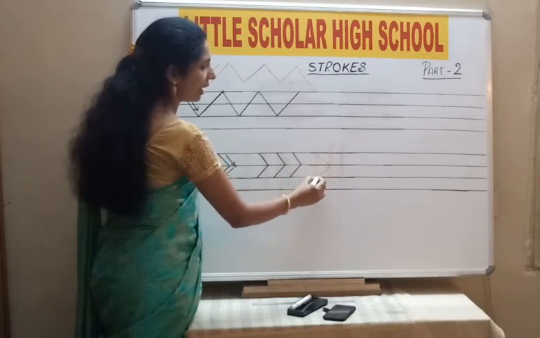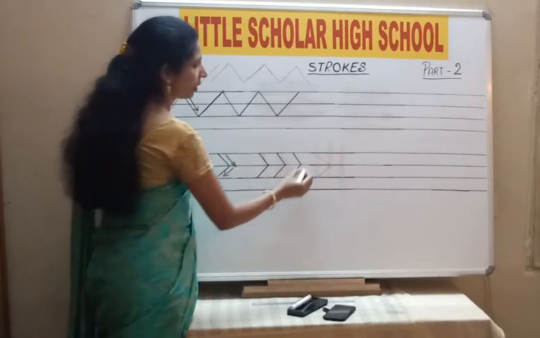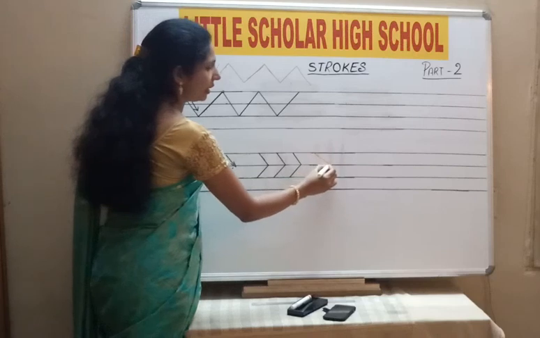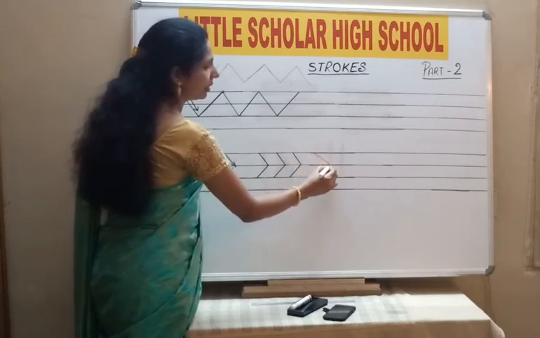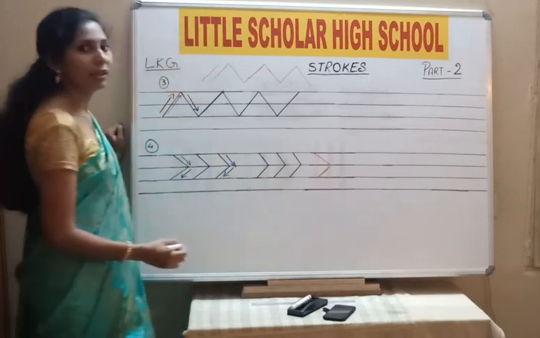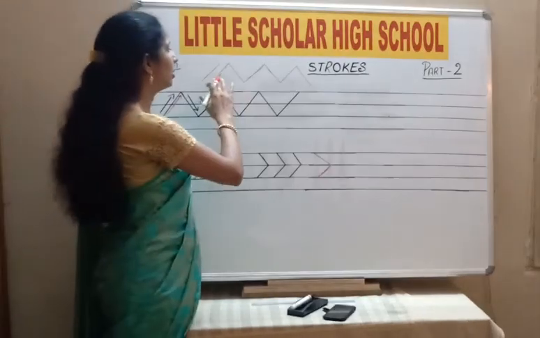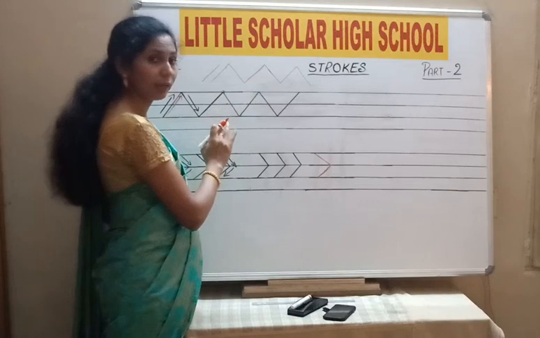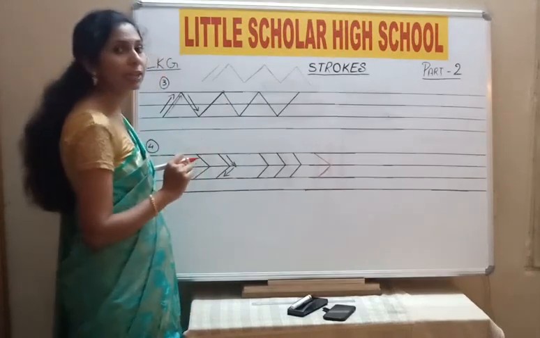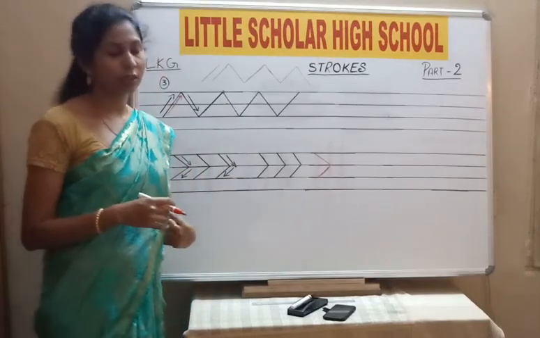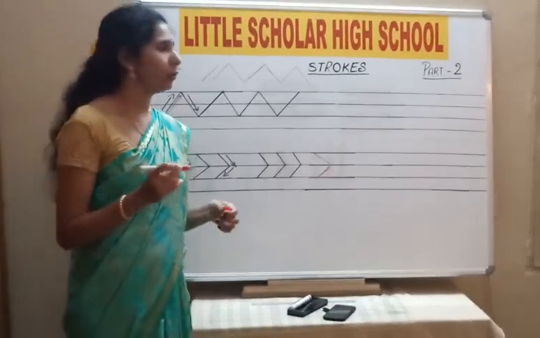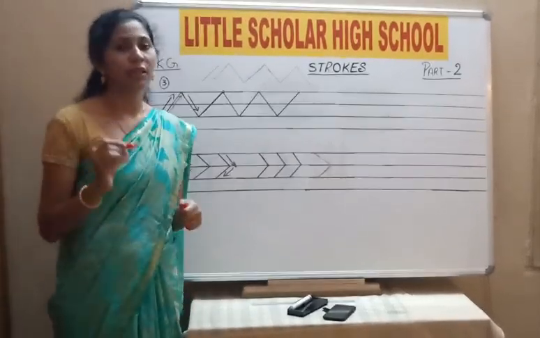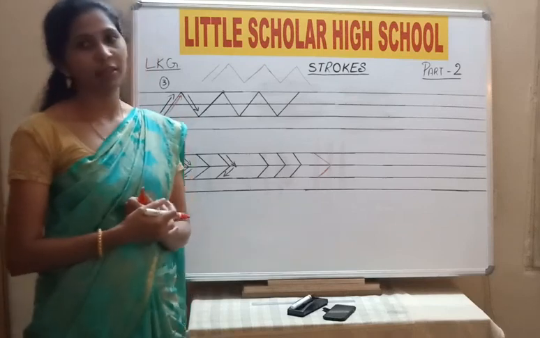Slanting line. What do you say? This is called slanting line. The same way as we wrote the first one and the second one, I want you all to trace in your books, where the dots are already given. Neatly and sharply, trace on the dots and write the lines.